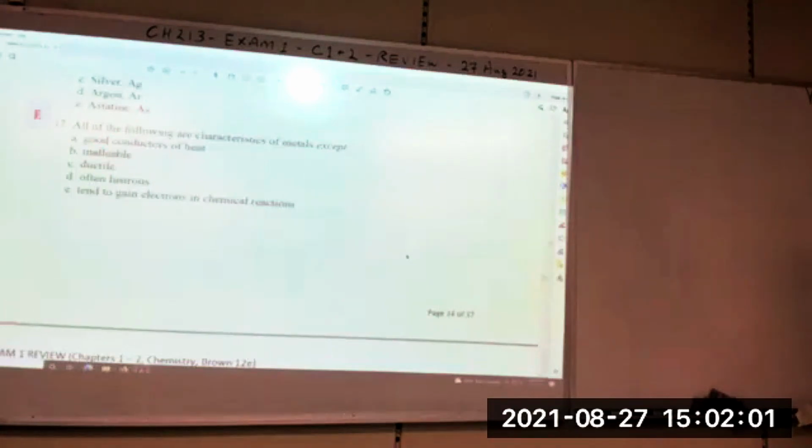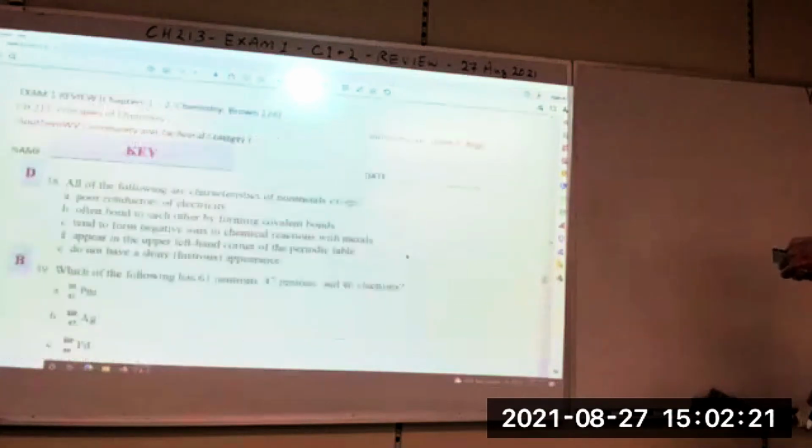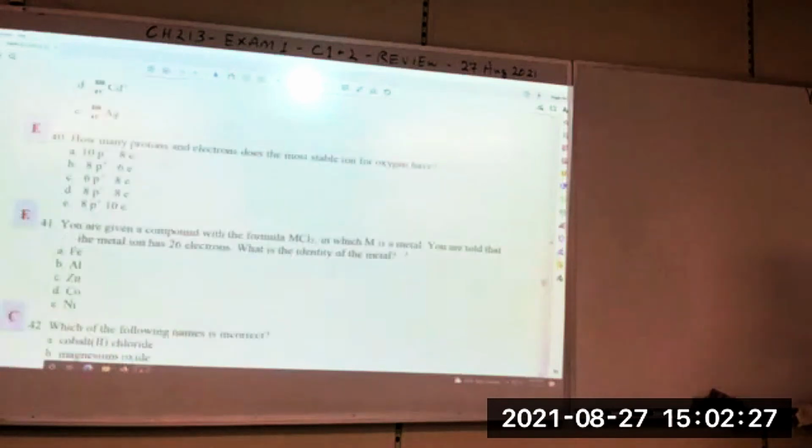Malleable, ductile, which means they can be stretched. Often lustrous, yeah, especially if you polish it. Tend to gain electrons in chemical reactions. That is wrong. Metals tend to lose electrons in chemical reactions. Now you can do those on your own.